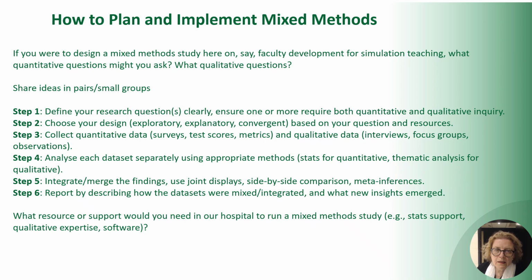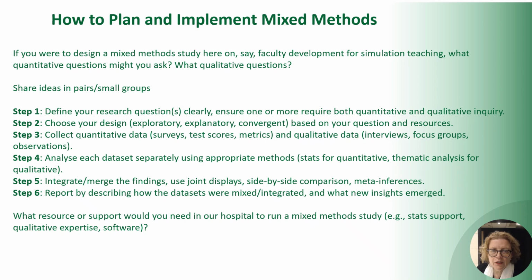All of these approaches need rigorous testing and piloting, and here's a six-step approach to suggest how you might implement mixed methods, or at least four questions to think through. So what exactly are your research questions, and why do you need both quantitative and qualitative inquiry?